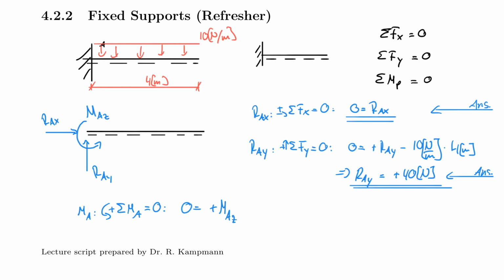And now I need to find the lumped force of this system, so 10 Newton times 4 meters, and then it has a lever arm of 2 meters, which rotates clockwise. Therefore, that is negative. So minus 10 Newton per meter multiplied by 4 meters. And remember where that is acting. It acts exactly in the center, so multiplied by 2 meters.